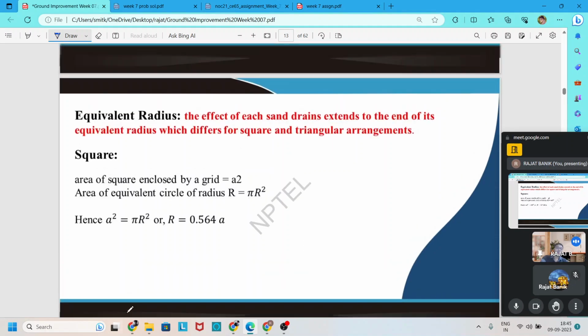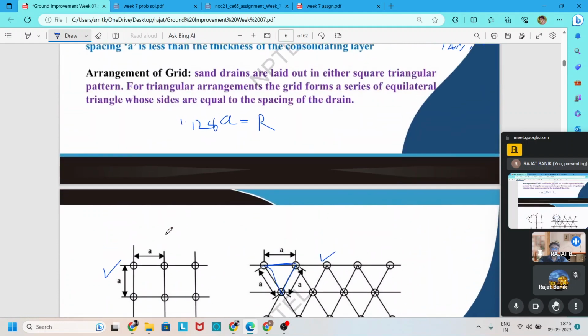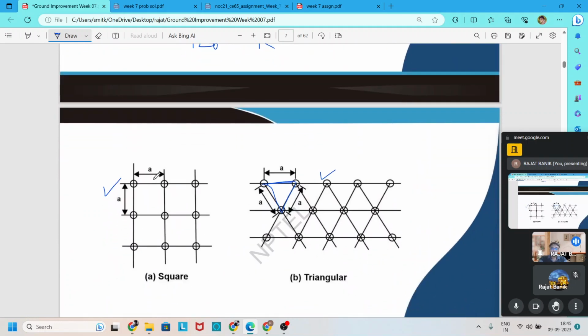If you see the square pattern and triangular pattern, each of the drains has some influence area. For the square pattern, the influence area extends half the spacing from each drain, like this. For the triangular pattern, the influence area is a hexagonal shape.